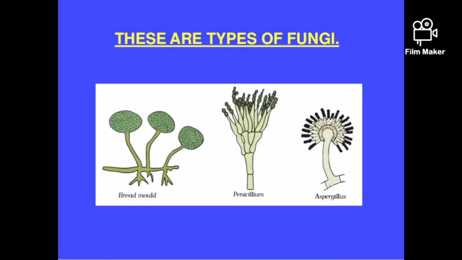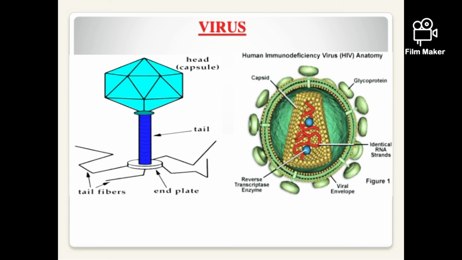Now we will study some examples of fungi. We can see the types of fungi: bread mold, mushroom and aspergillus. In the previous activity, we observed the fungi under the microscope, which cannot be seen with our naked eyes on the moist bread. Now we will study viruses. We can see the structure of a virus.